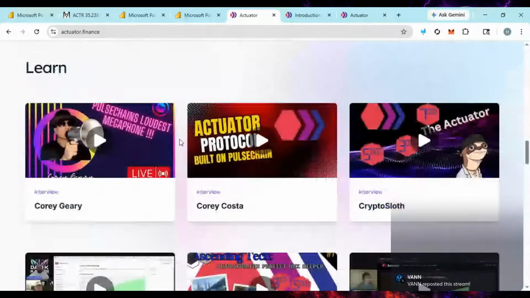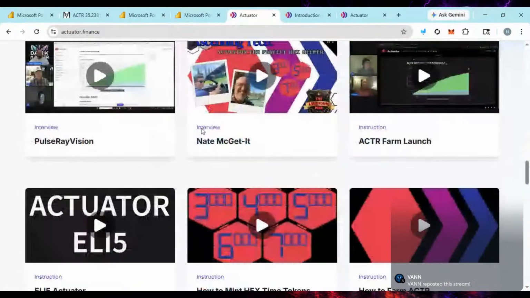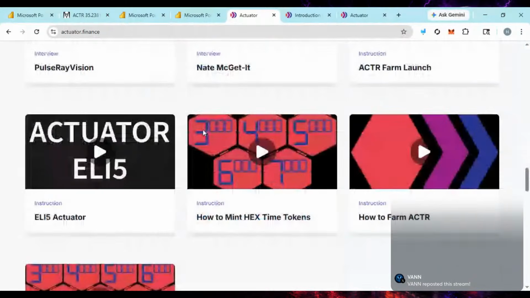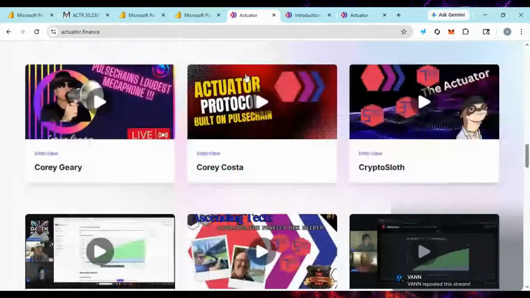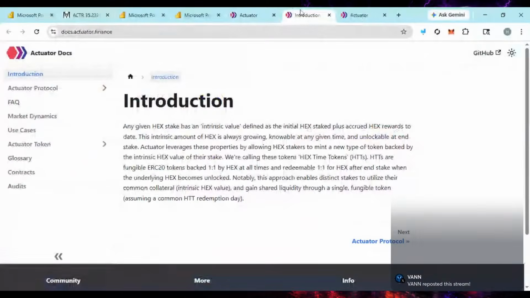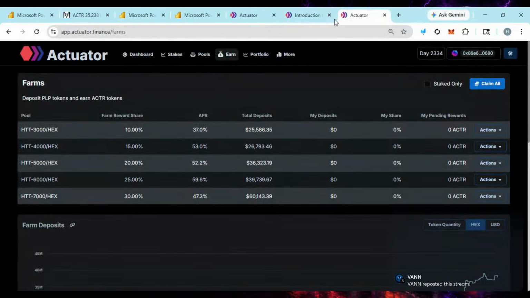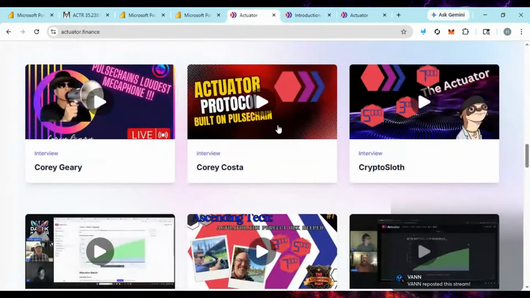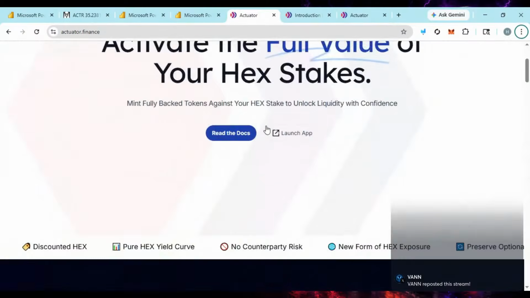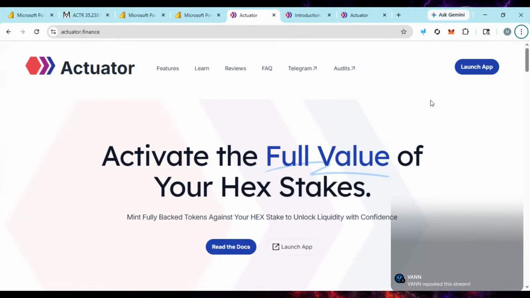So you see there's some educational links down here at the bottom on the front page. So what is this thing? Go take a look at Actuator.Finance, and that'll give you information about it. We're going to try to answer some of those questions here anyways and try to get into it.